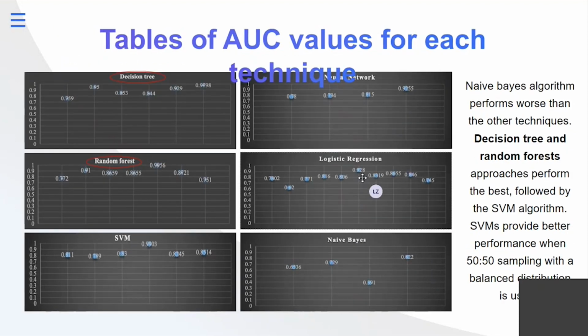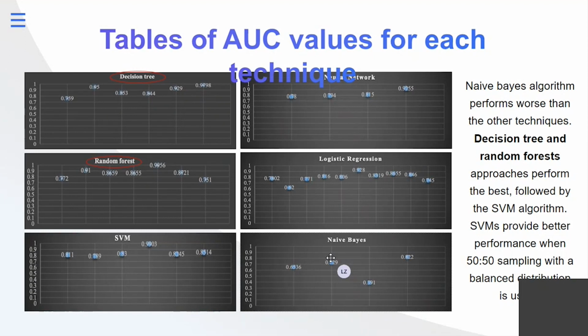This table shows the AUC for each technique. The naive Bayes algorithm performs worse than the other techniques, and logistic regression is also not very good. But the decision tree and random forest approaches perform best, followed by the SVM algorithm.